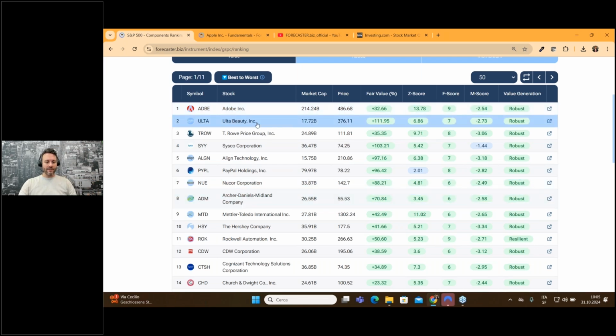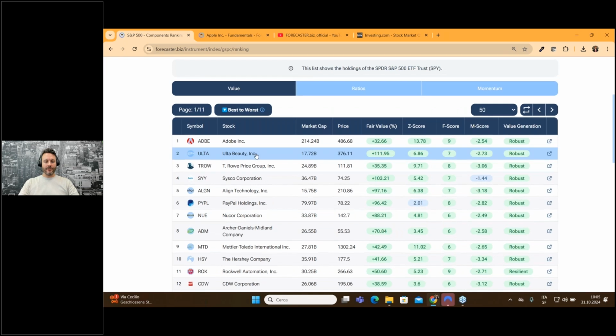As you can see, for example, you can find Ulta Beauty, which is a company we had never heard about in the last month, but once it popped up in this list, we were very happy because this happened some weeks before Warren Buffett bought it.